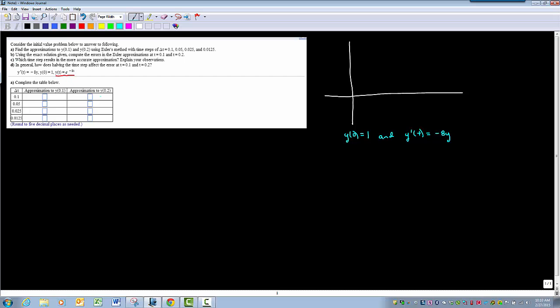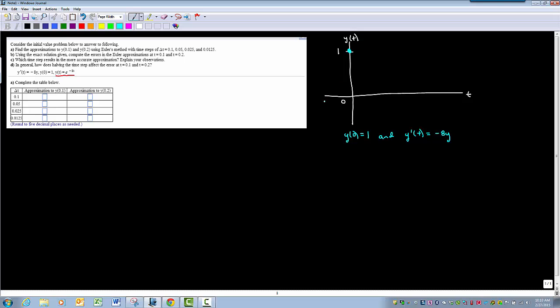So here's the thing. I'm going to go up here to a height of 1. Here's 0. Again, on the axes, this is time and this is the y axis. So at time 0, I'm up here at a height of 1.